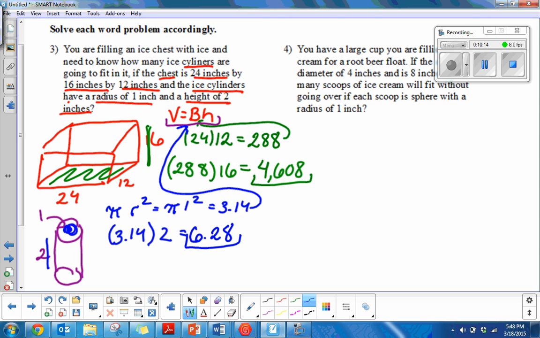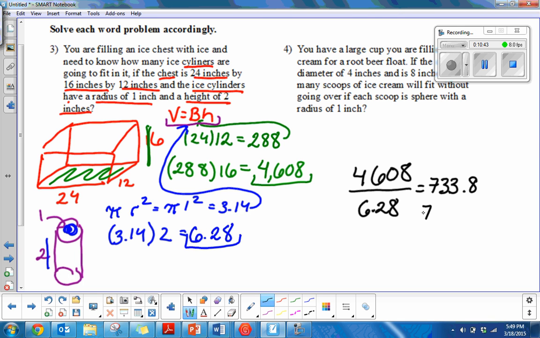Now what we want to do is take the 4,608, the entire volume of the chest, and divide it by 6.28. So 4,608 divided by 6.28, and we're going to get 733.8 ice cylinders.